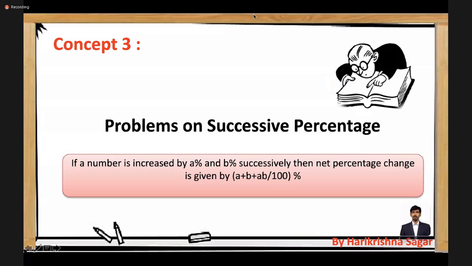So what is the successive percentage concept? Let's try to understand. The successive percentage concept is nothing but whenever you have percentage on percentage on percentage. For example, you have a question projected like this.